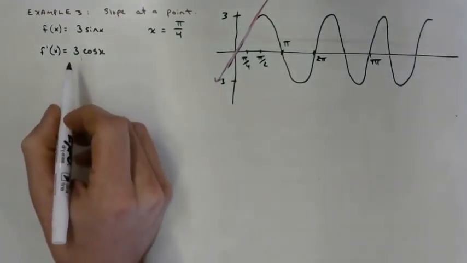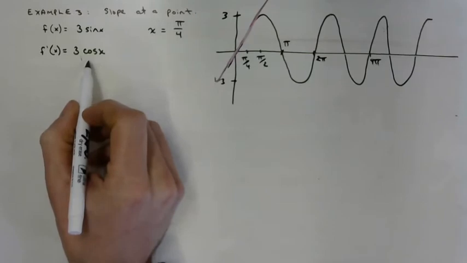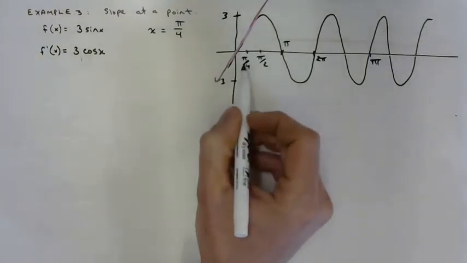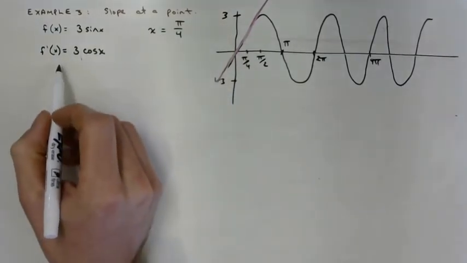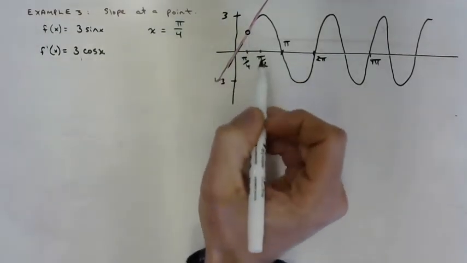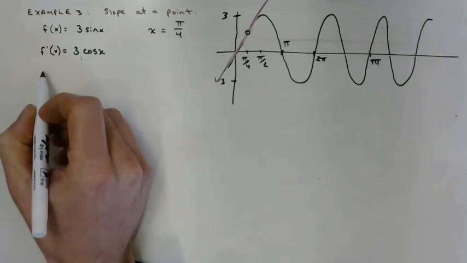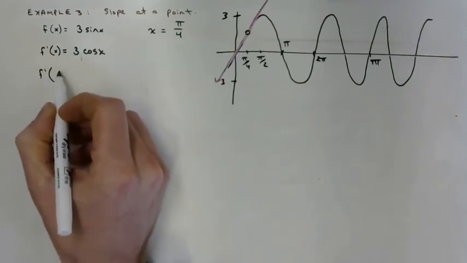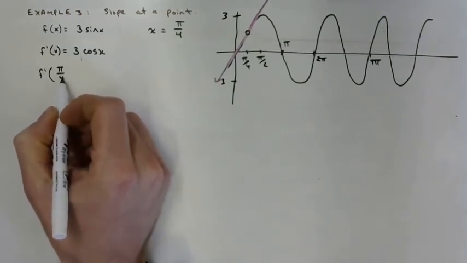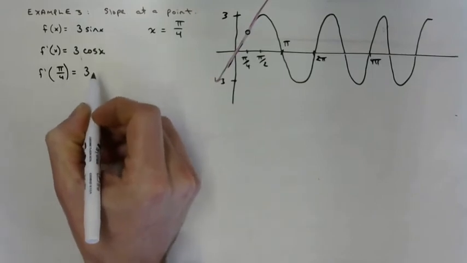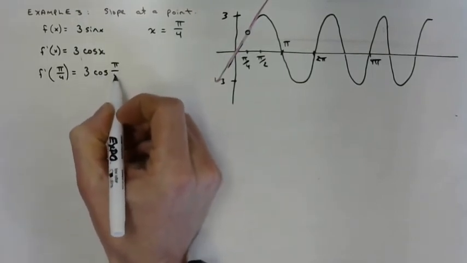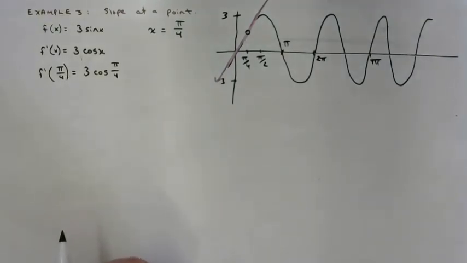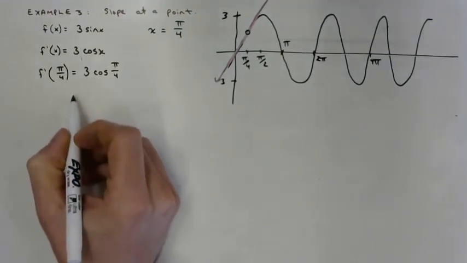The value of the derivative at our point with x value pi over 4 will give the slope of the tangent at that point. Okay, so all we have to do here then is sub in pi over 4, 3 times the cosine of pi over 4. And of course we have all those values memorized.